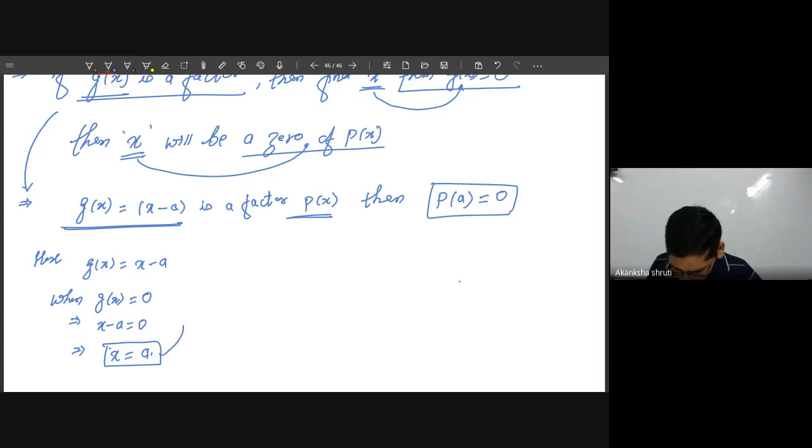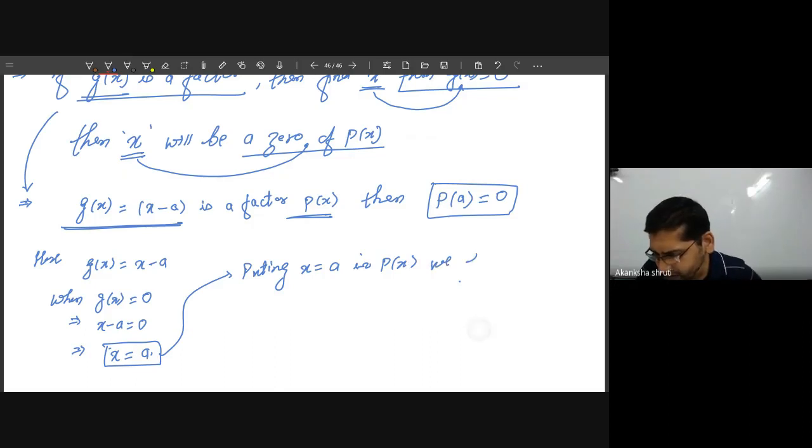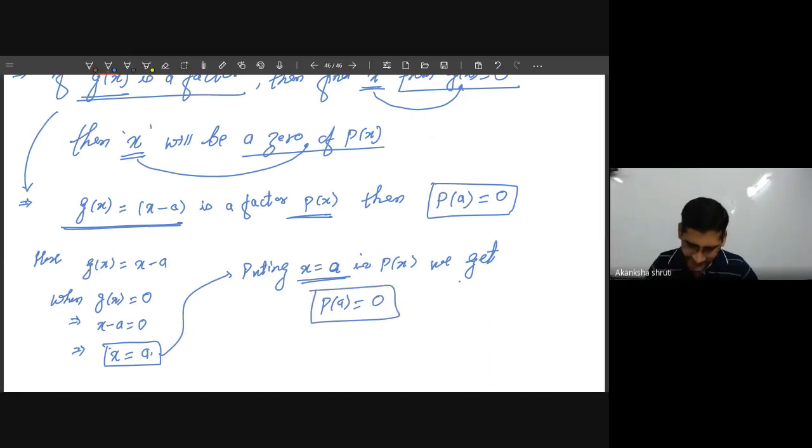Now you have to put x equals a in p(x). So this value of x, x equals a, will be a zero of p(x). p(a) will be 0. Okay, it is this one. So whatever I have explained, the same is this.